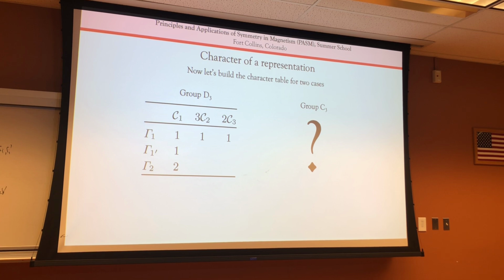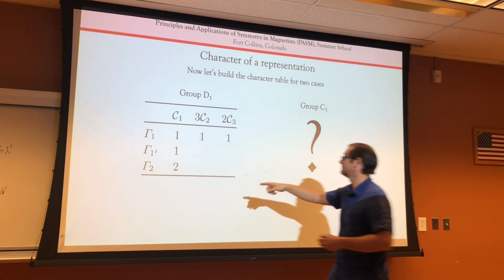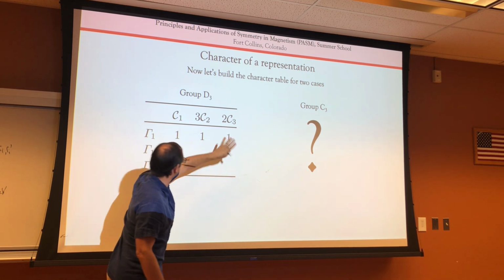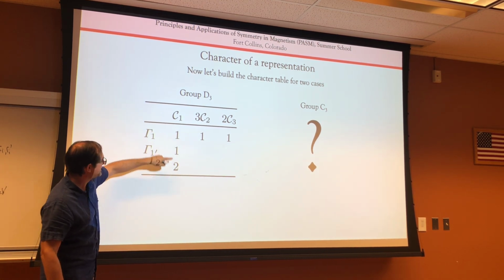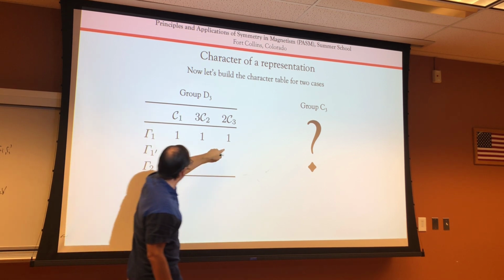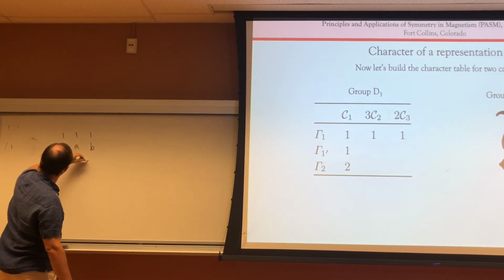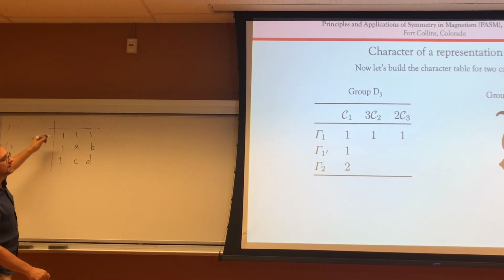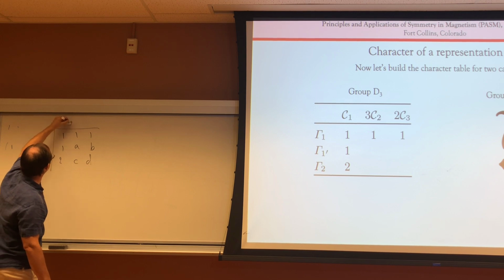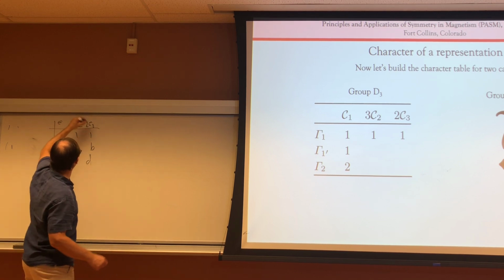So let's work out this one. Again, 1, 1, 1. This is fine. Dimension 1, dimension 1, dimension 2. Now we have 4 elements here that we need to determine. So I will have, let's say, A, B, C, and D. This one is E, 3C2 and 2C3.